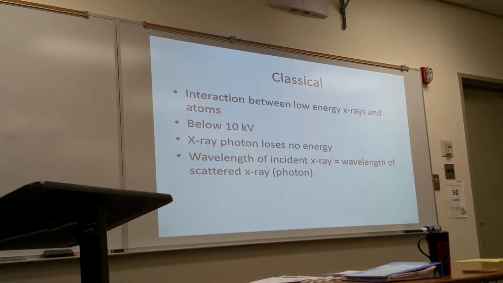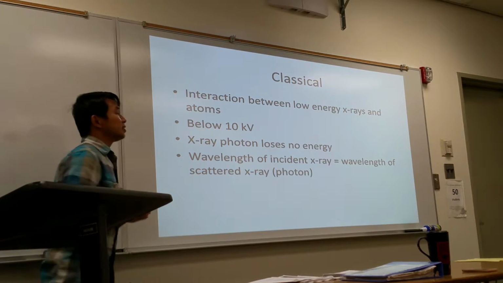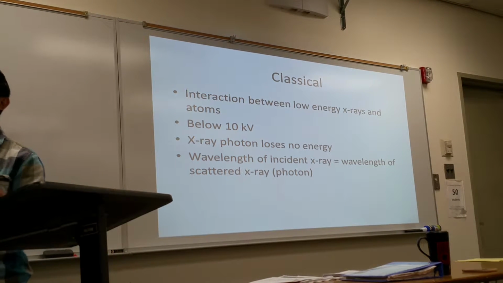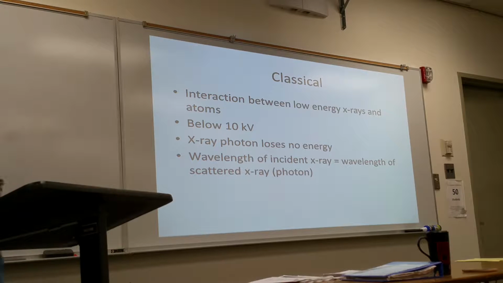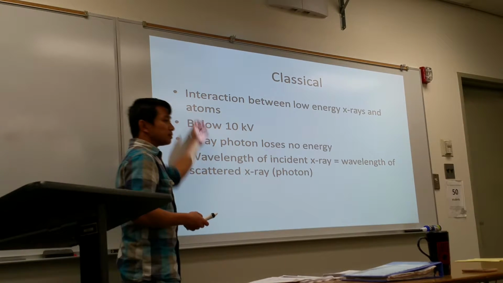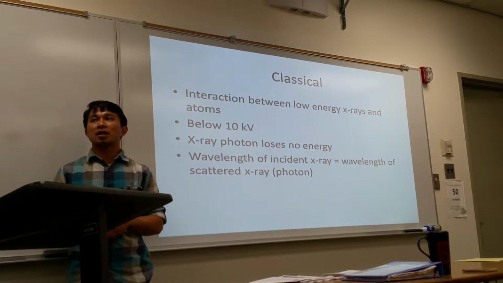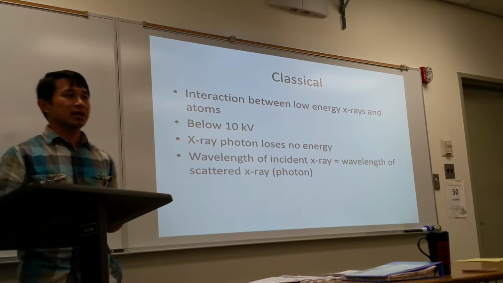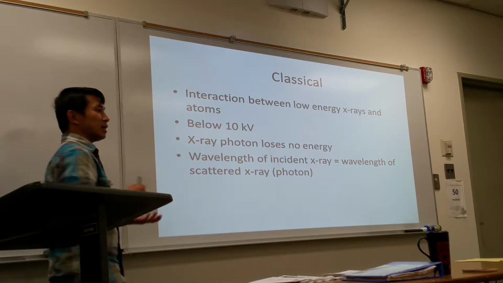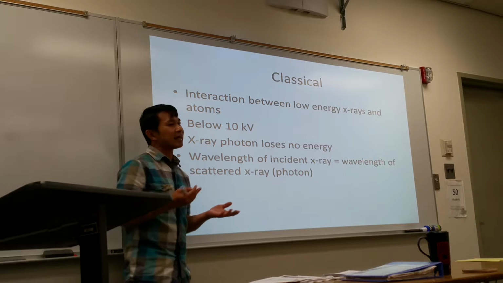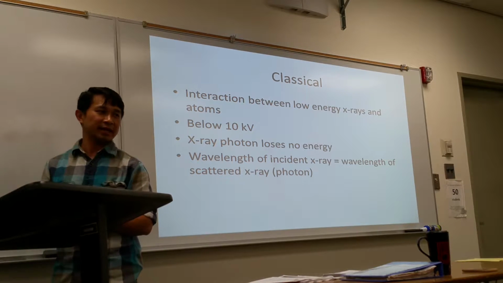Okay, classical scatter radiation. This is the interaction, as mentioned, between a low energy X-ray beam, the primary beam, and whole atoms. Classical scatter radiation generally occurs at around or below 10 keV.